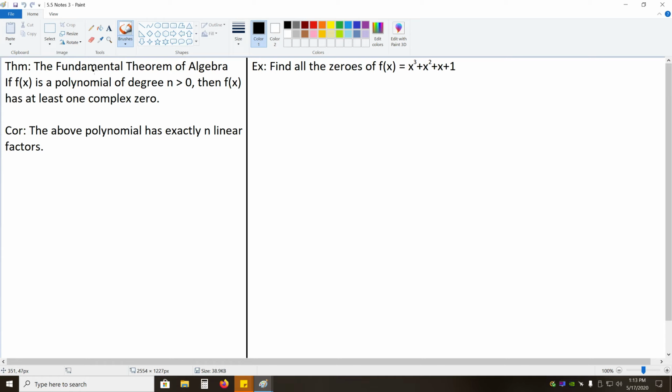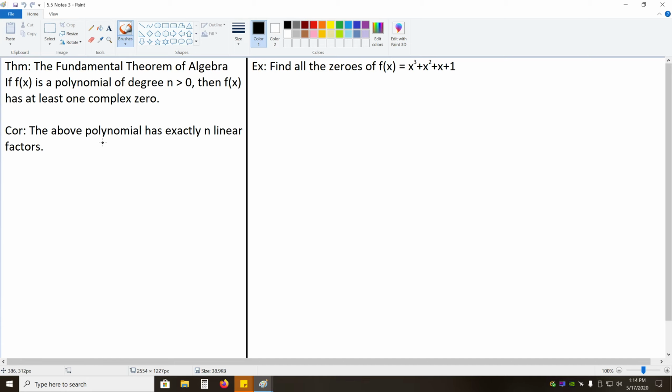So, the fundamental theorem of algebra says if f of x is a polynomial of degree n such that n is greater than 0, then f of x has at least one complex 0. So a corollary of that says the above polynomial has exactly n linear factors. So what is all of this saying?